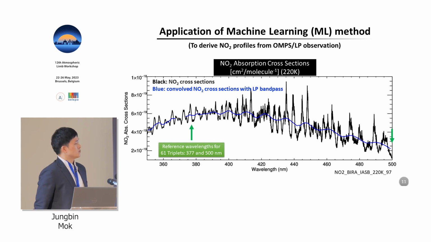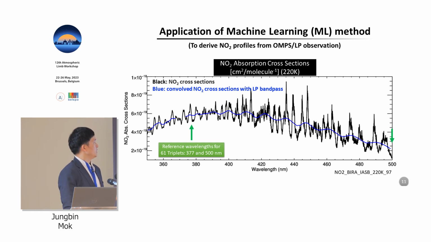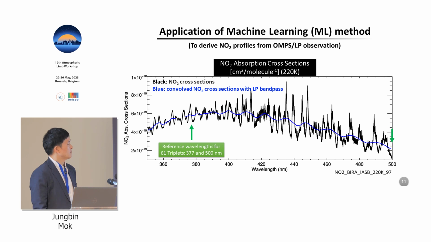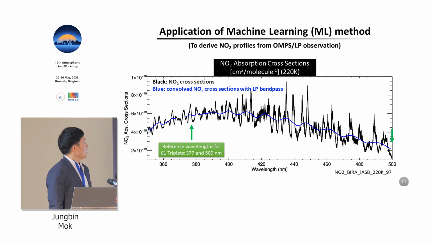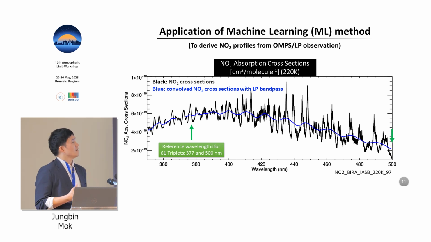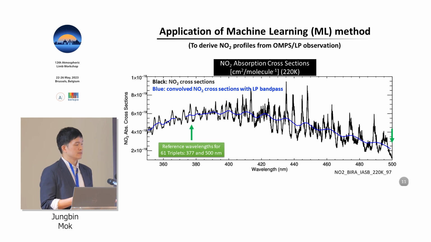Switching gears, we try to apply a machine learning technique to derive NO2 profiles from OMPS LP observations. The classical NO2 algorithm has some difficulty retrieving NO2 profiles because of poor spectral resolution.